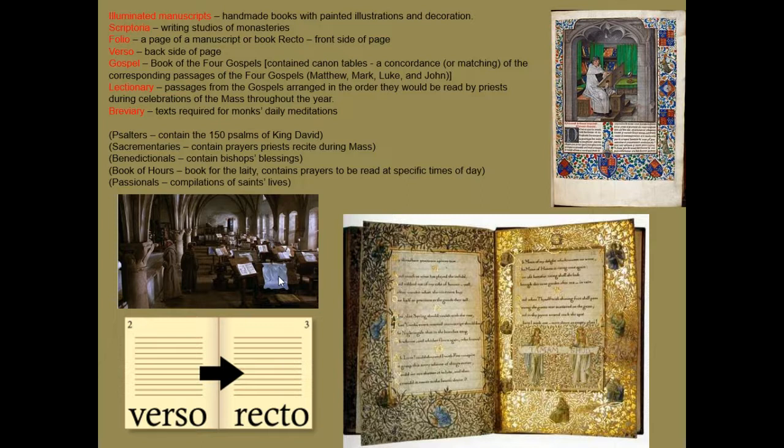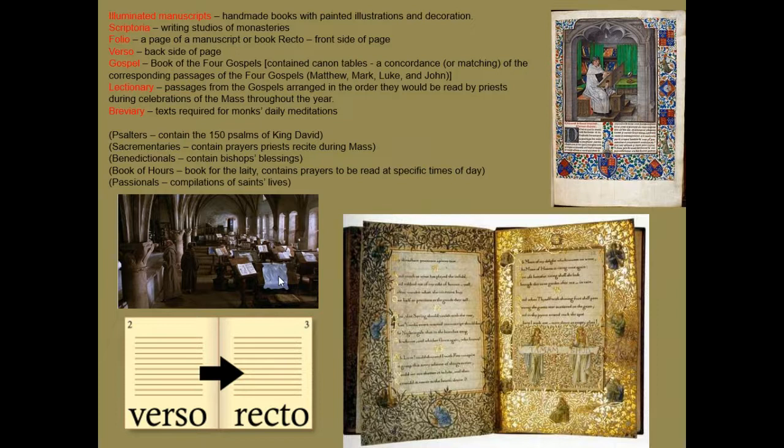We're working on usually vellum, which is treated calf skin, so the hide of young calves would have to be obtained. So some of the larger books required the sacrifice of multiple animals to be able to obtain skins to turn it into the vellum on which the words are written.